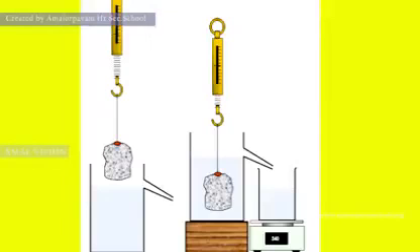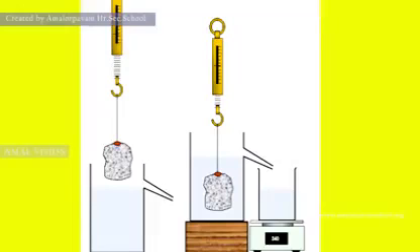Suspend the stone by holding the balance or the string. Note the elongation of the string or the reading of the spring balance due to the weight of the stone. Now slowly dip the stone in the water in a container.